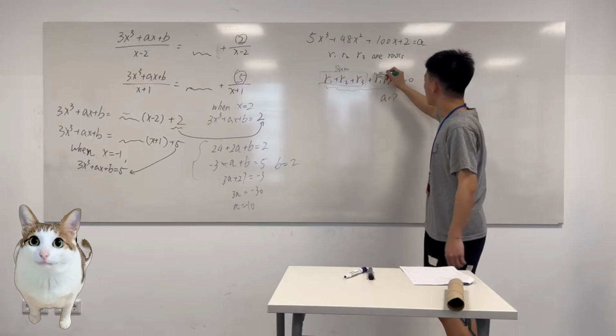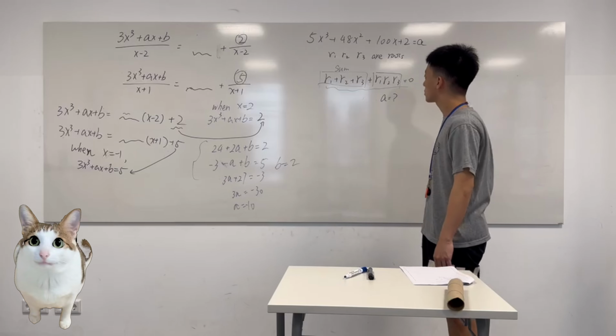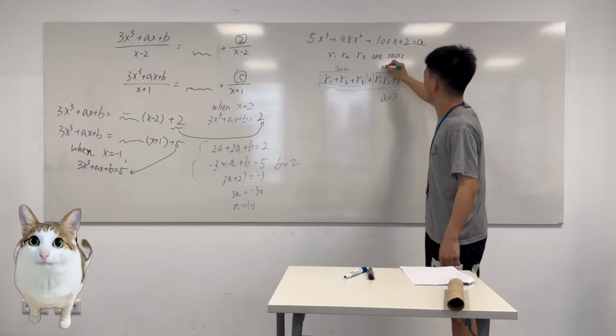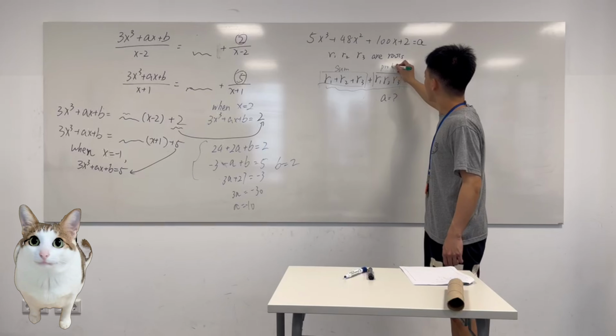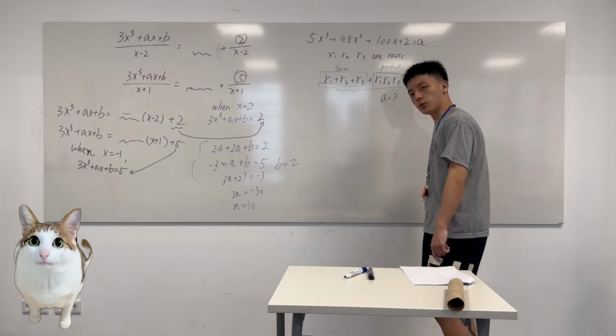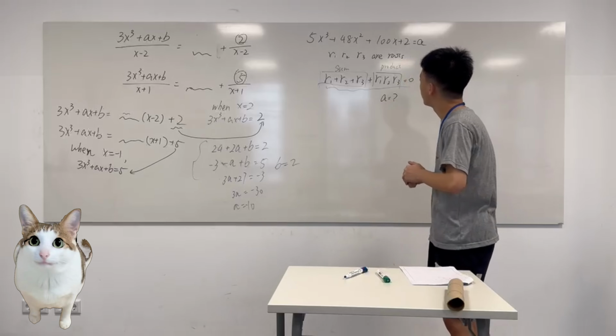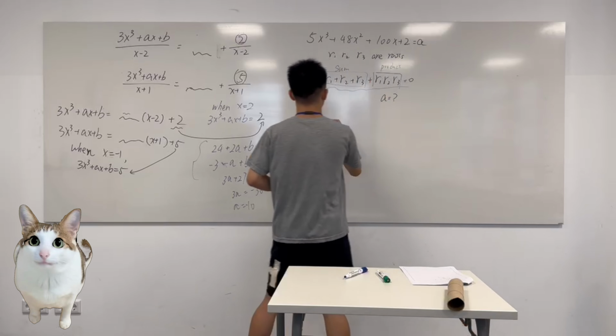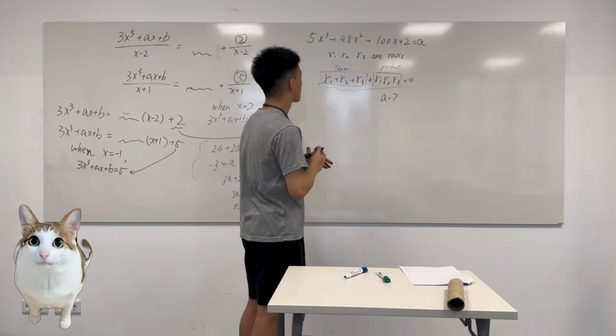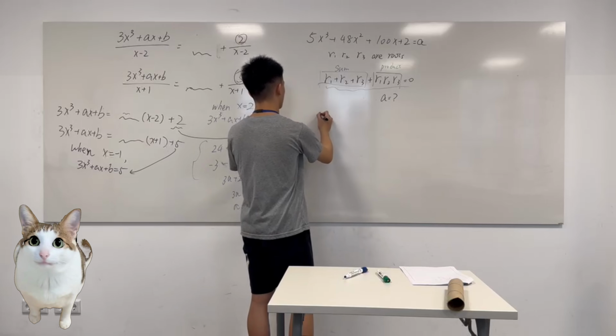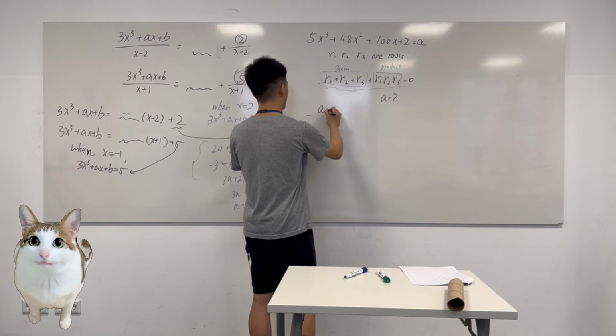What is R1 times R2 times R3? It's the product of the roots. So let's use the formula booklet. Then you can find that the sum of the roots is equal to negative a(n-1) over an.